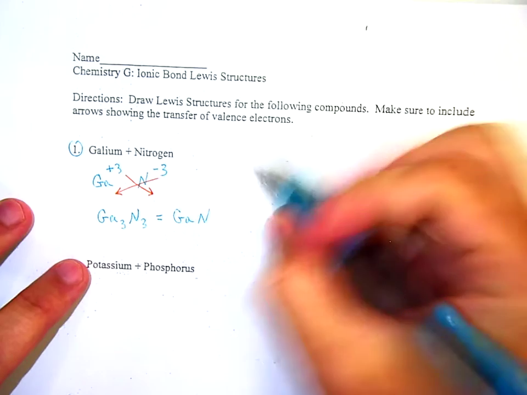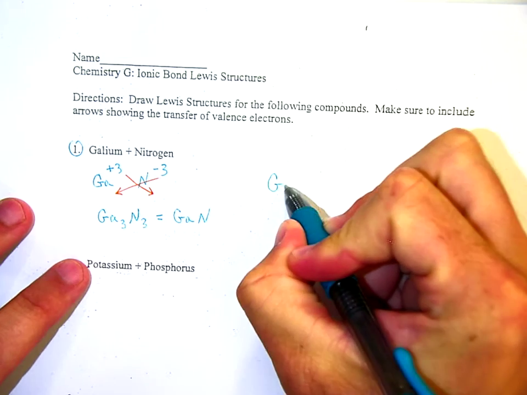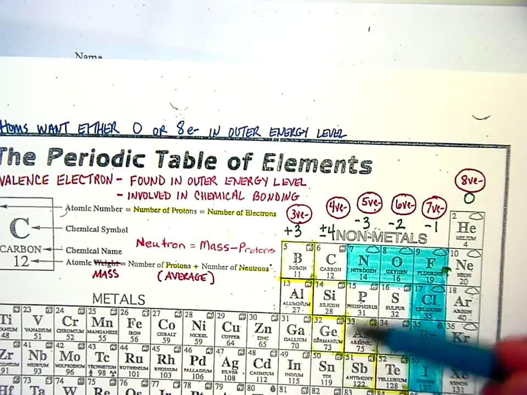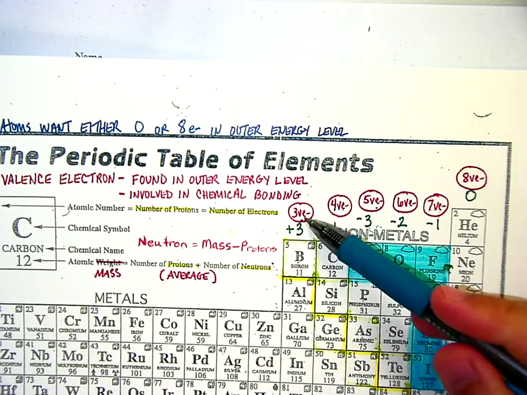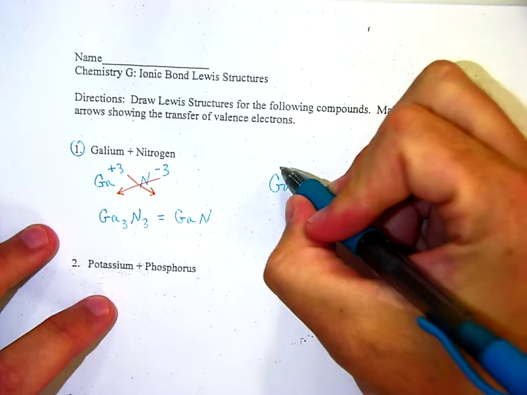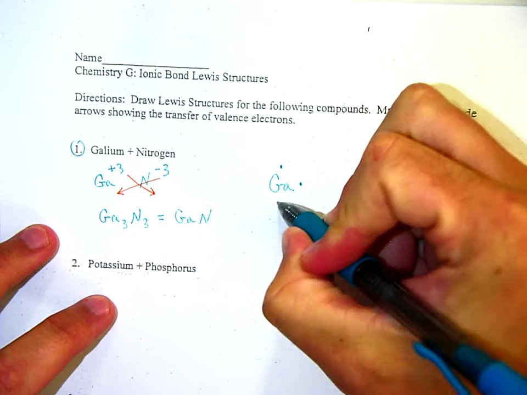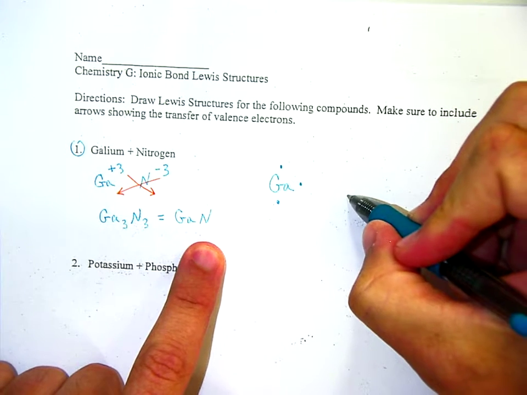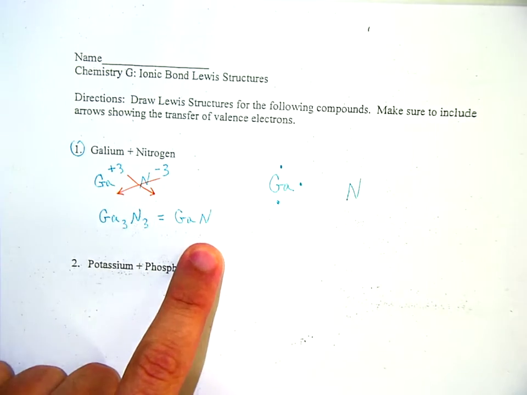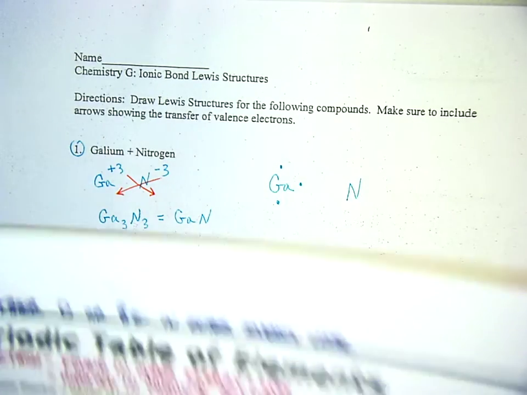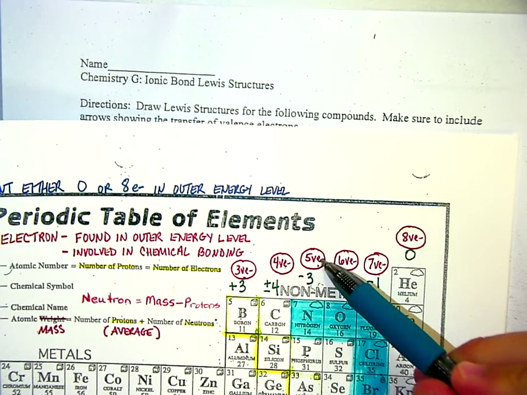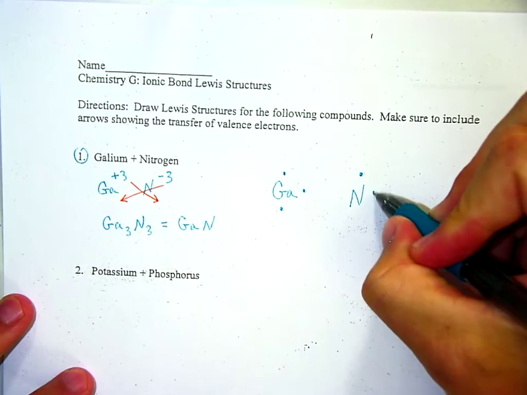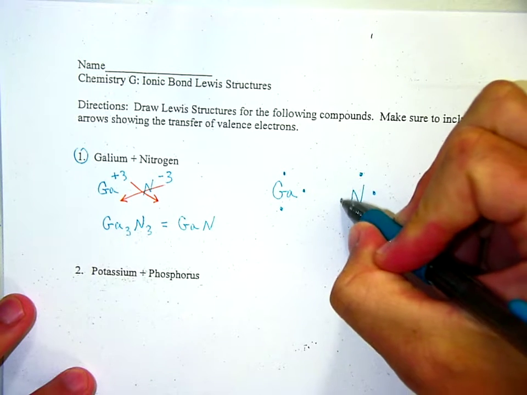So off to the right, here's our one atom of gallium, and it has 3 valence electrons. So we'll put 3 electrons around it: 1, 2, 3. Now our one atom of nitrogen we'll draw off to this side, and nitrogen will have 5 valence electrons. So we'll draw 1, 2, 3, 4, and 5.